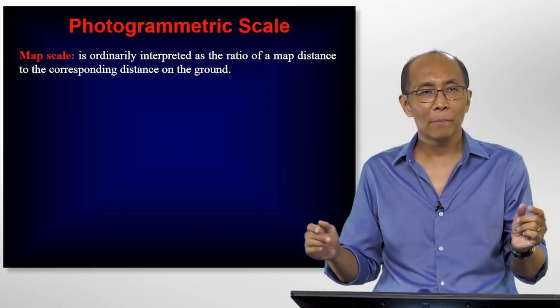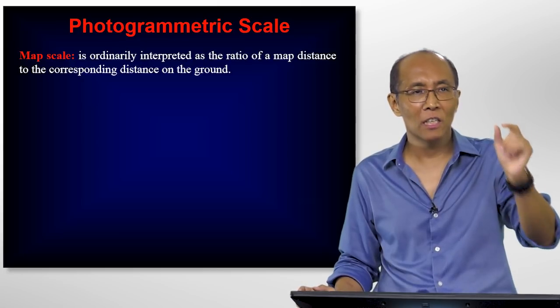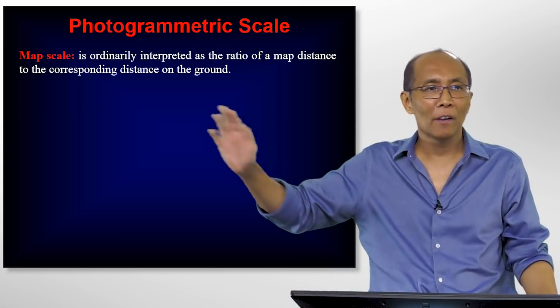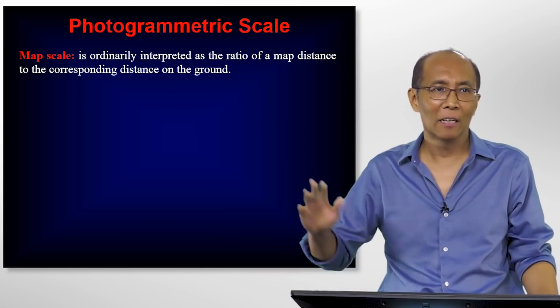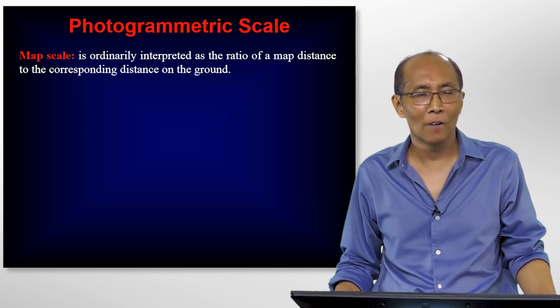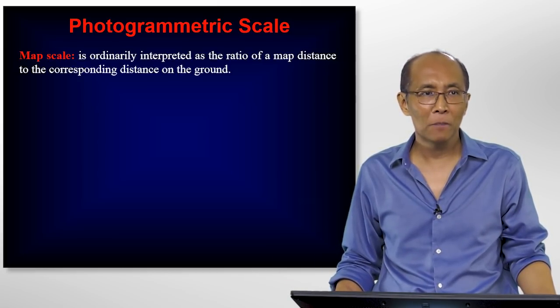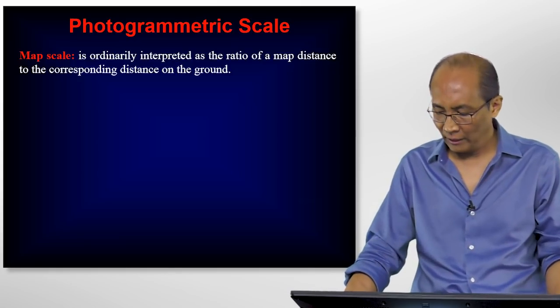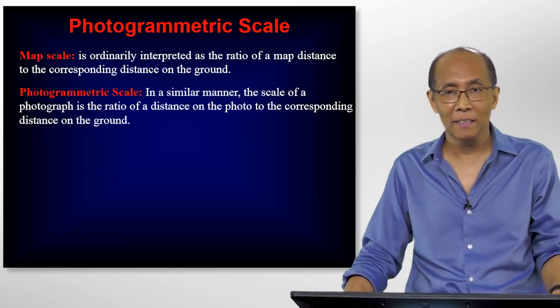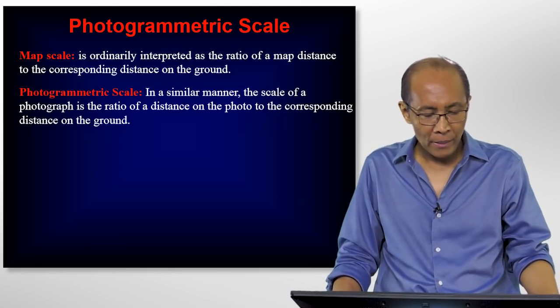On your map, you measure it, it is 1 centimeter. You check it on the ground, which is like 5,000 centimeters on the ground. Then your map scale is 1:5,000, right? I'm just giving you as an example. It may not be true.